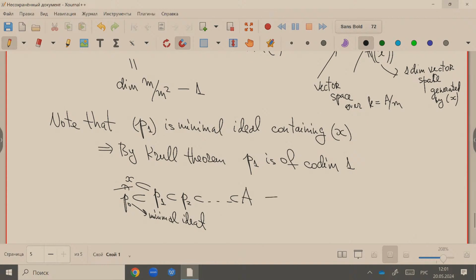So the length of the chain starting at X is equal to the length of the chain minus 1.